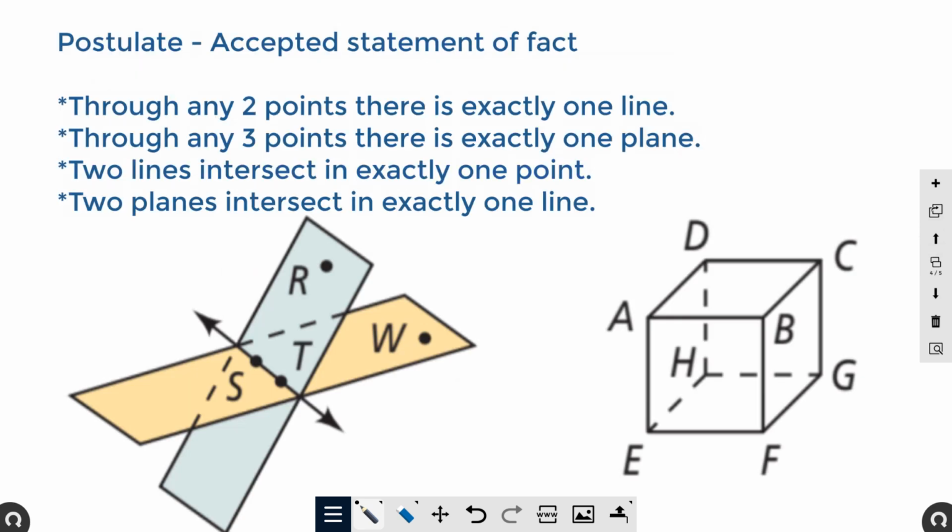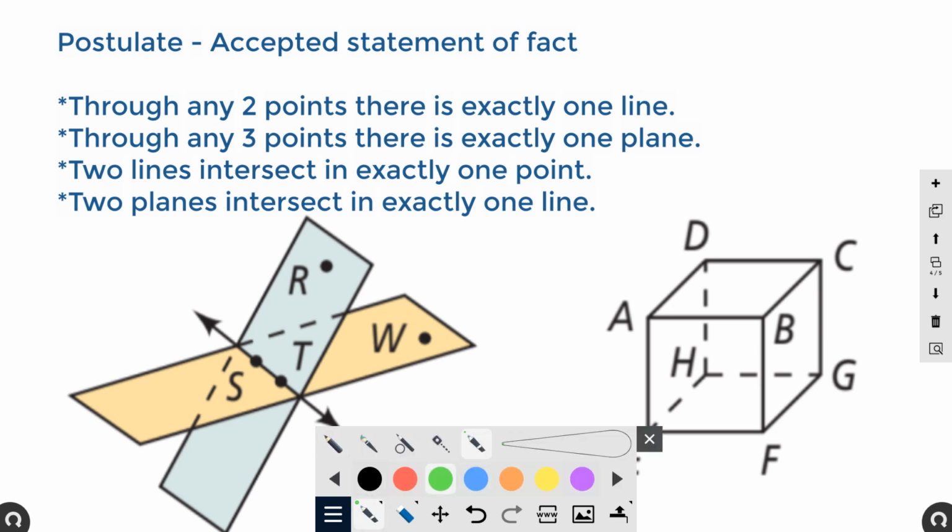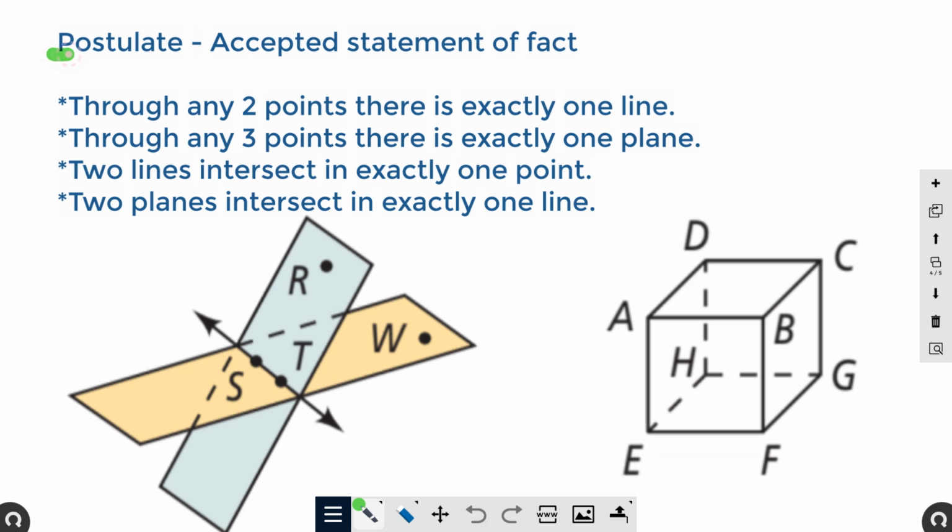All right, on your index card, go ahead and put the word postulate on the front, and then your definition here on the back. This is the only thing we're going to put on this index card. And then these 4 things put on your notebook paper. You don't have to draw those pictures if you don't want to.